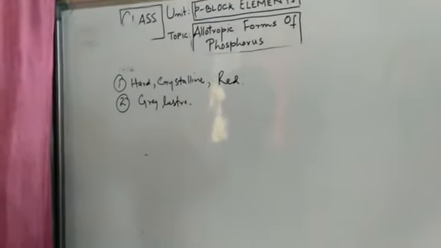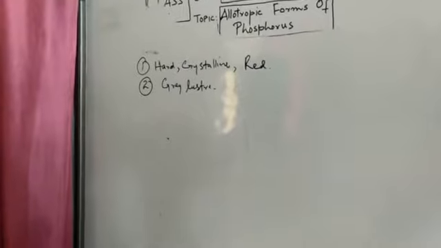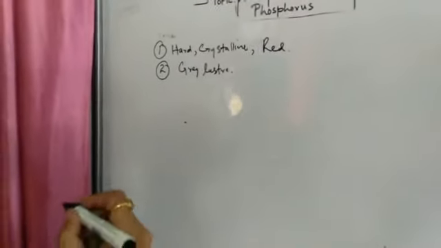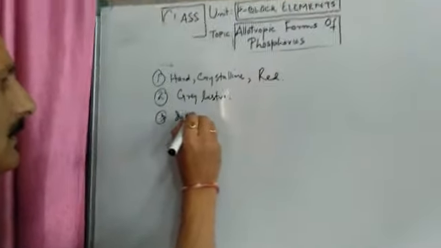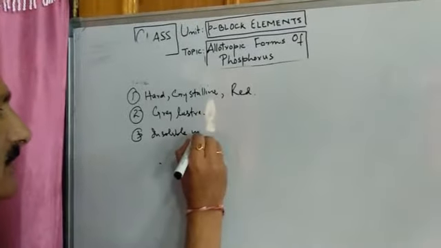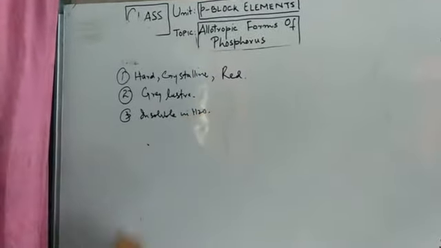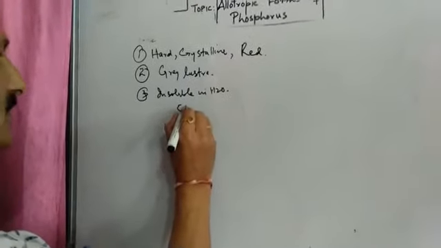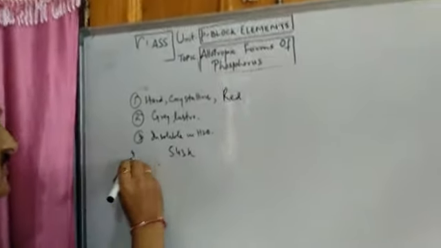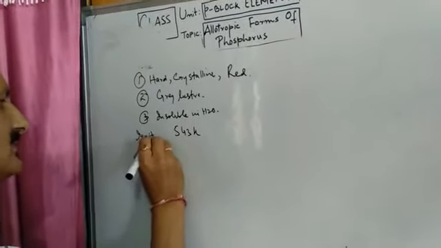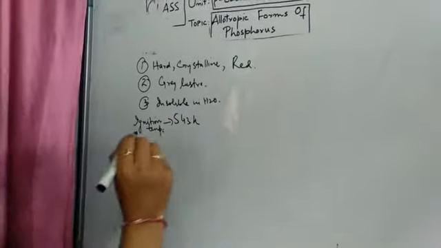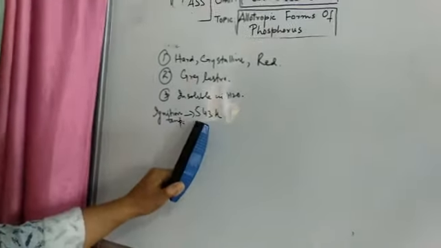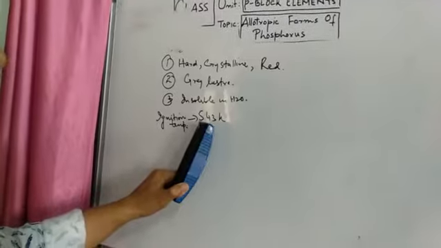As far as its solubility is concerned, it is insoluble in water, and its ignition temperature is 543 Kelvin. That is, at this temperature it catches fire. It is the minimum temperature at which red phosphorus begins to burn.